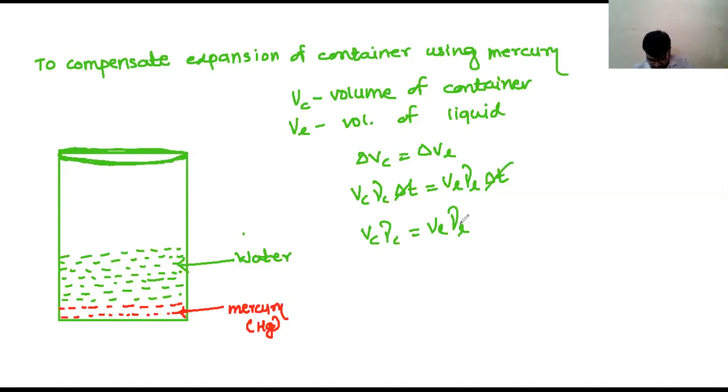Here, we have not considered Hg anything. So by using this formula, I am getting Vc by Vl is equal to gamma of liquid by gamma of container. Yes or not?